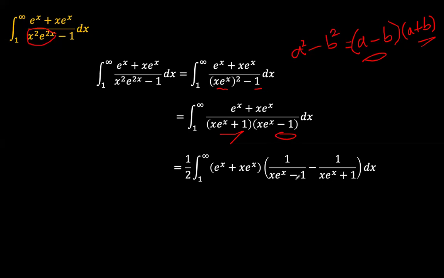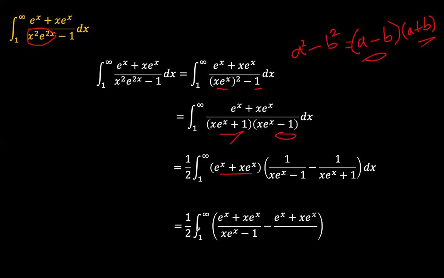Because when you combine this, you have a 2 in the numerator, and to cancel that 2, we have a half here. Then multiplying the numerator across, we have half times the integral from x equals 1 to x tending to infinity of e to the power x plus x times e to the power x over x times e to the power x minus 1, minus e to the power x plus x times e to the power x over x times e to the power x plus 1.